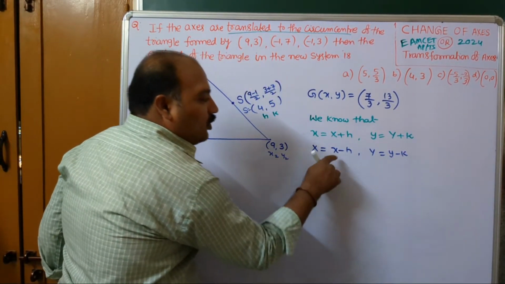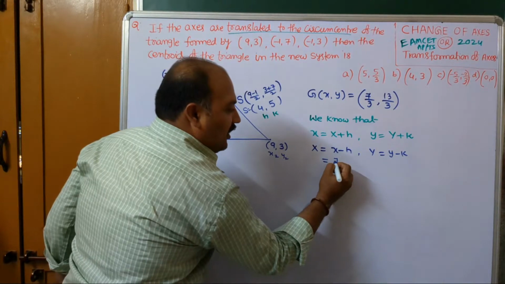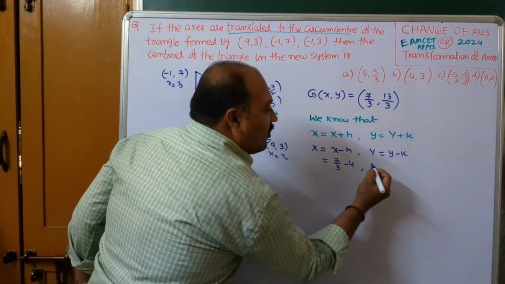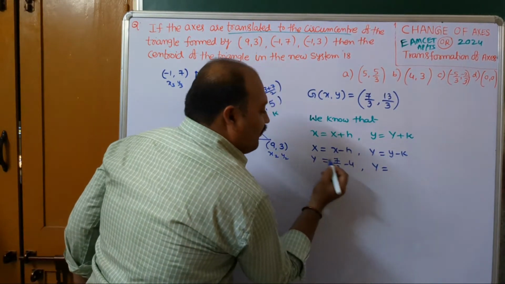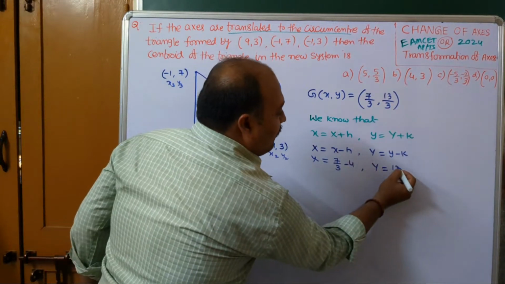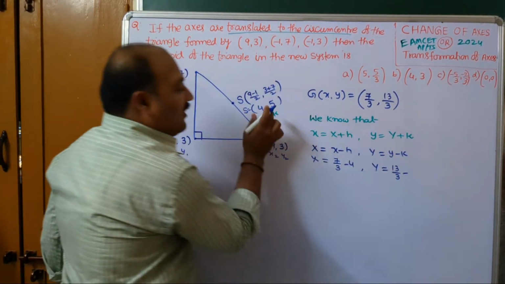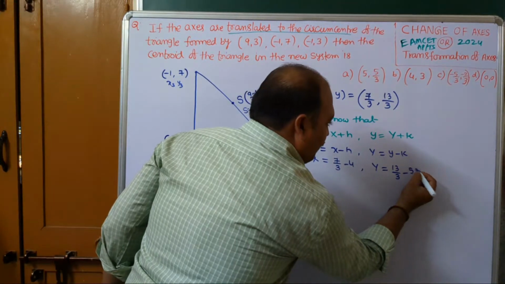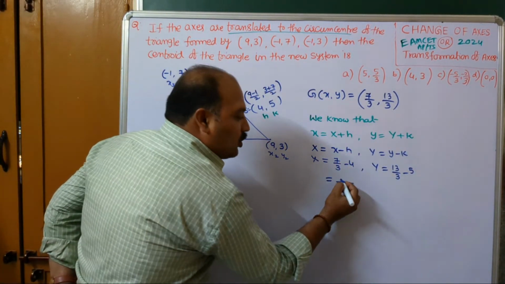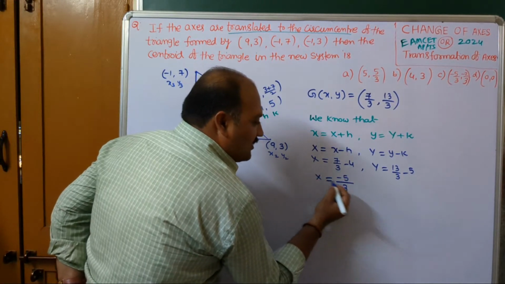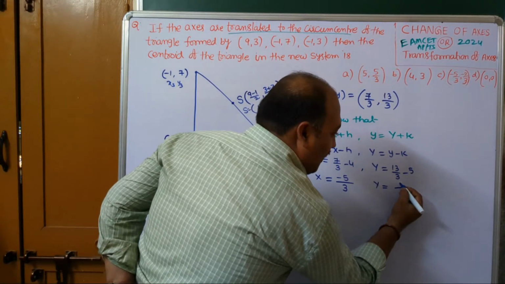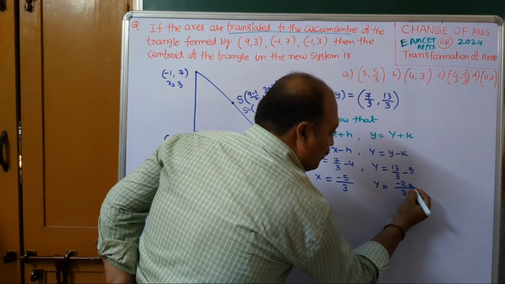So that is equal to small x 7 by 3 minus h value 4, capital Y equal to small y value 13 by 3 minus k value 5. So now take LCM and simplify. 3 is the LCM, 7 minus 12, minus 5 by 3, capital X. Capital Y equal to 3 LCM, 13 minus 15, so minus 2.